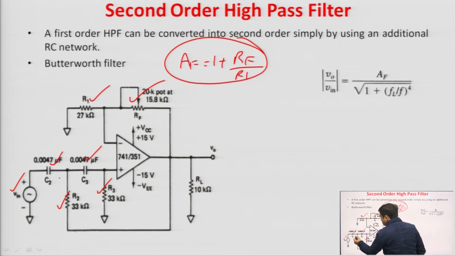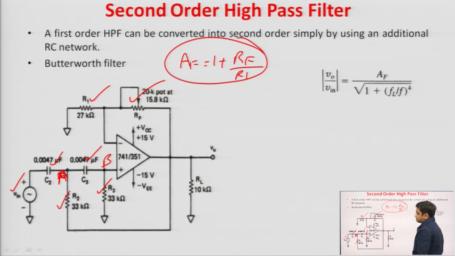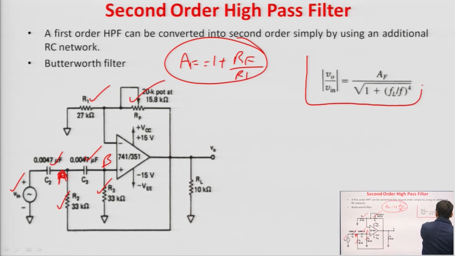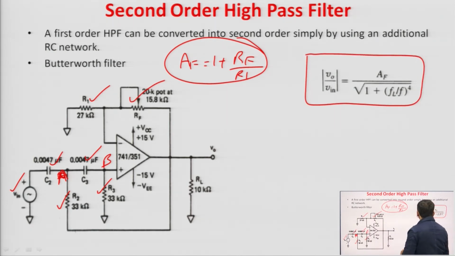If we consider this is node A, this is node B, and just apply KCL at node A and node B, and after rearranging terms and calculating V naught upon V in, we get V naught upon V in equal to AF upon under root 1 plus FL by F to the power 4, where AF is equal to 1 plus RF upon R1, right. So, this is the transfer function, this is the gain of this second order high pass filter.